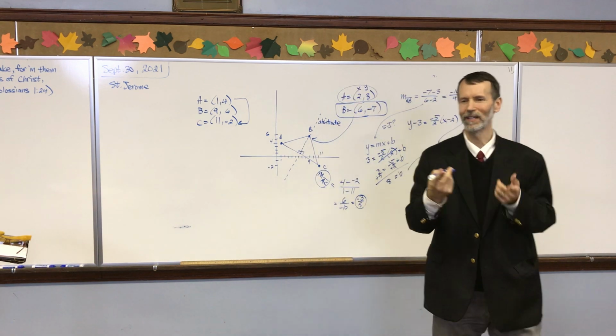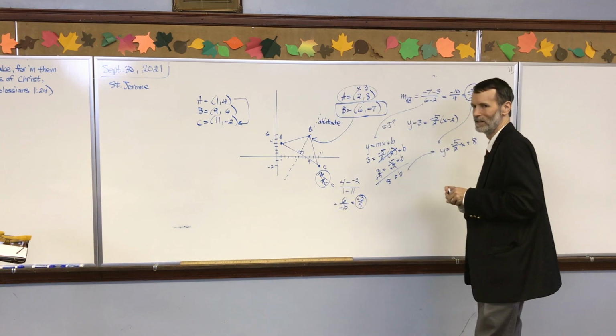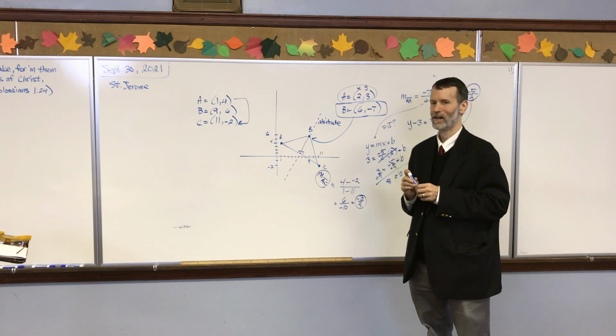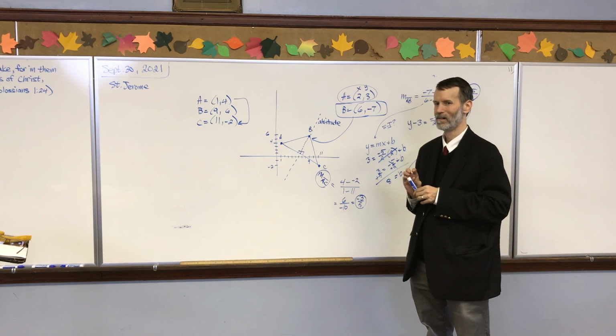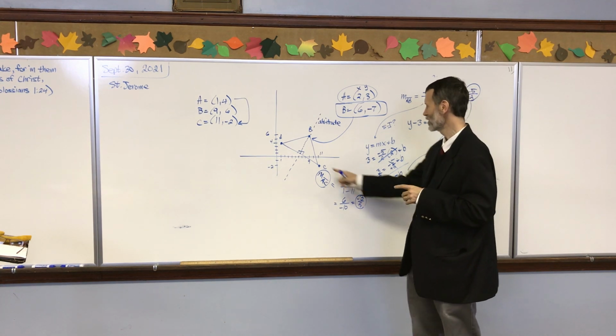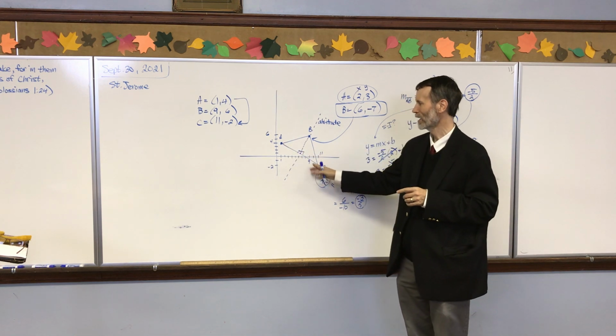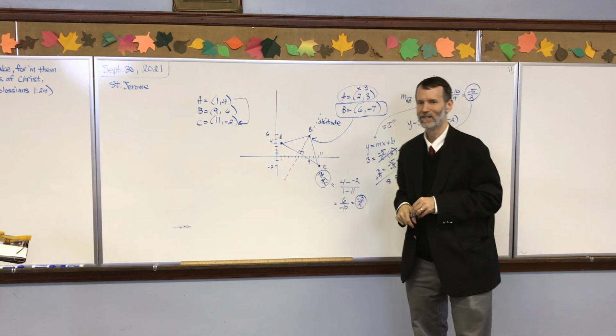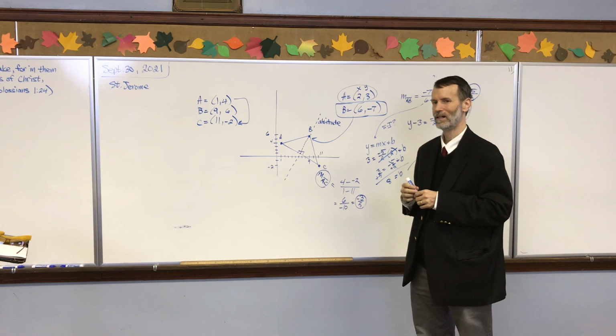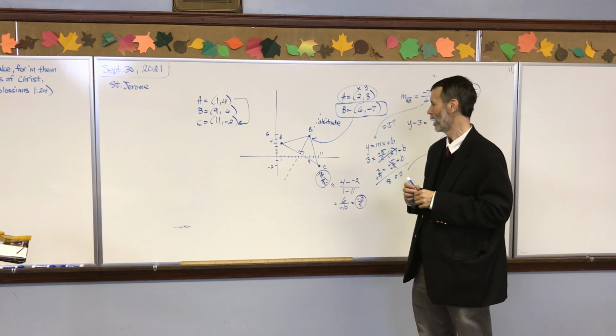What's the slope, Katie, that we want? This is the slope of the bottom. I want to get the slope of the altitude. So we need the slope between B and the midpoint.